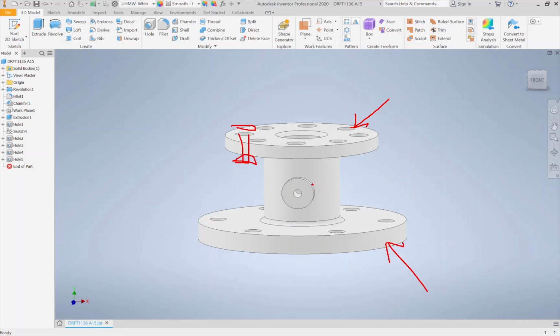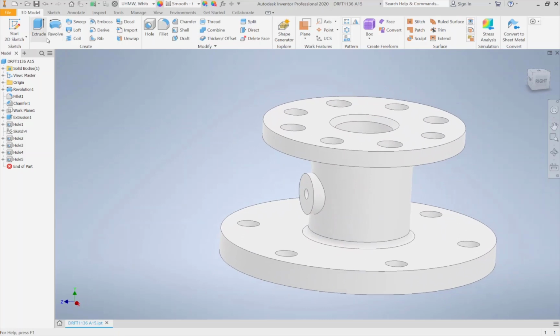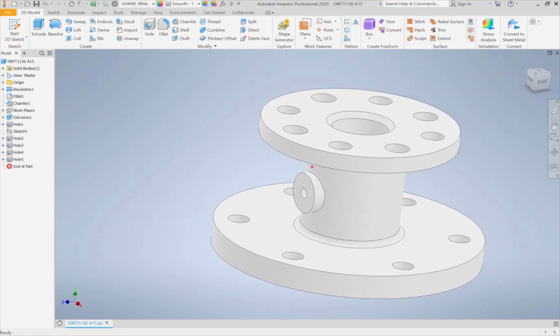Okay, and then there's another feature here, this raised feature, and typically you might hear someone call this either a pad or a boss.